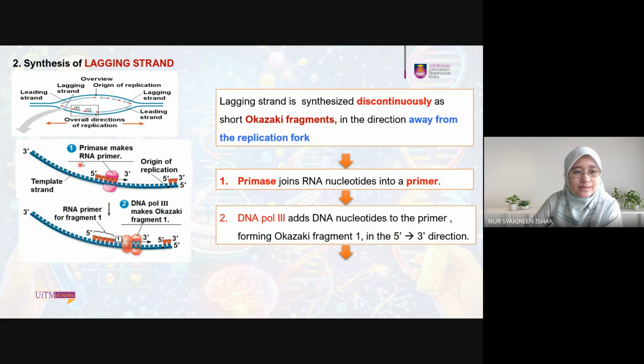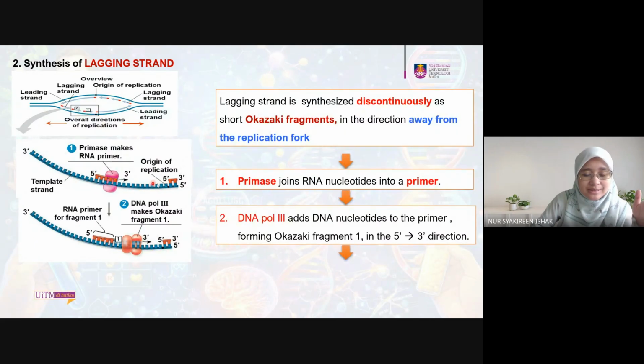Once the primer has been synthesized, you are going to observe that the synthesis of the primer doesn't start exactly at the origin of replication. It waits for the replication bubble to get to a certain distance, and only then will the primer be synthesized.